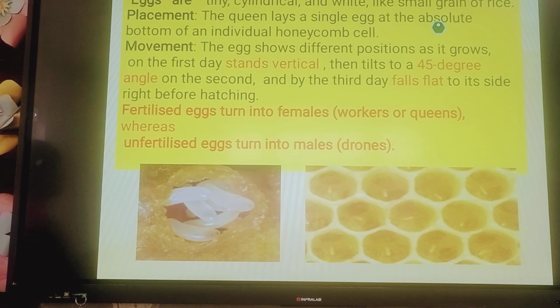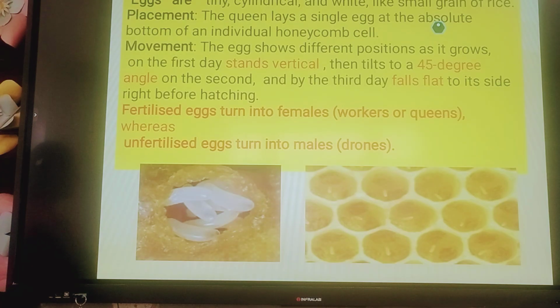So now let us discuss it in detail, starting from the egg stage. These are the eggs, which are very tiny, cylindrical, white, and like a rice grain. The queen lays a single egg at a time, and thousands of eggs are laid in total, and the eggs show different positions as they grow.